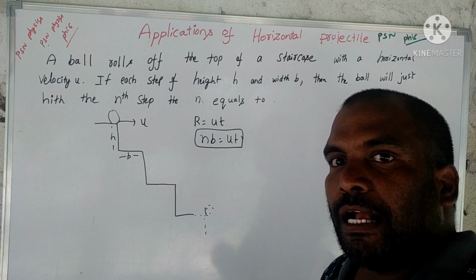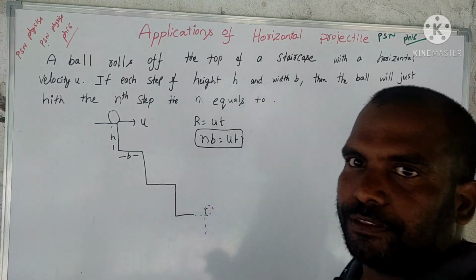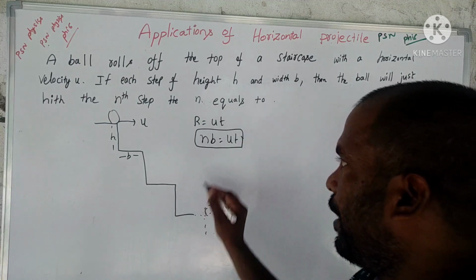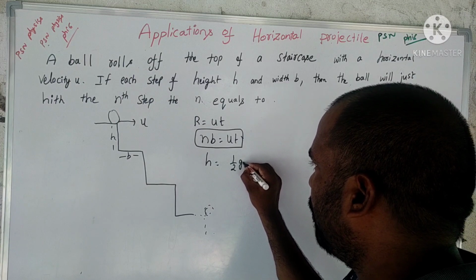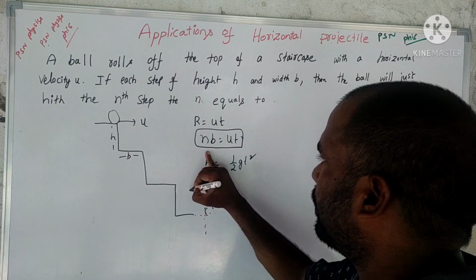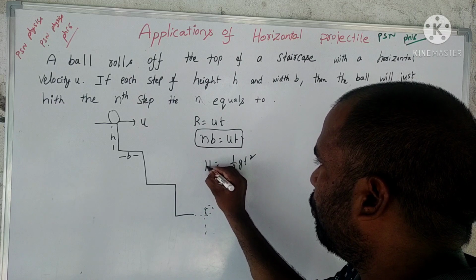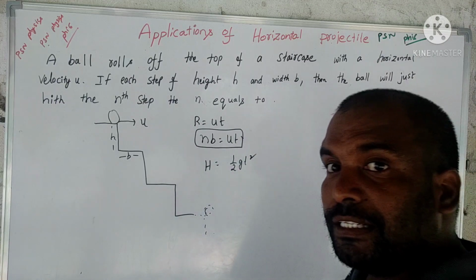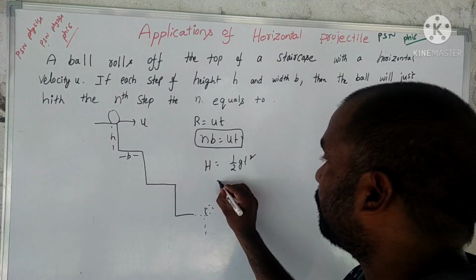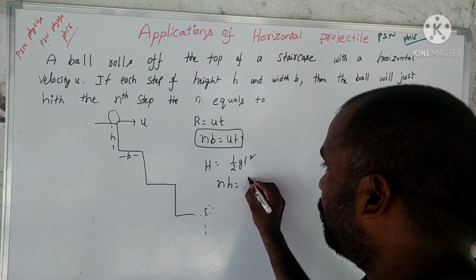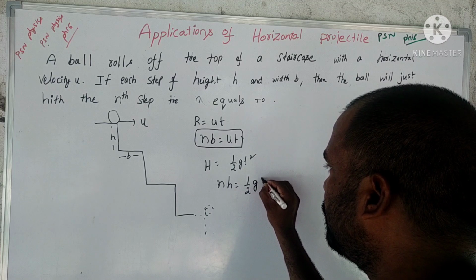Same way, for the height of n steps, h is equal to half g t square. We know the formula: in the case of horizontal projectile, h is equal to half g t square. But this height is for how many steps? We have to reach the height of n steps. That is nh is equal to half g t square.